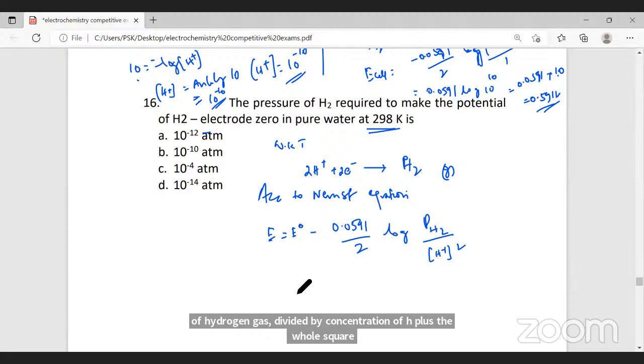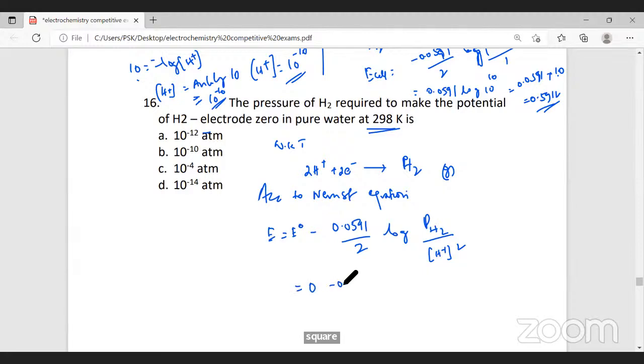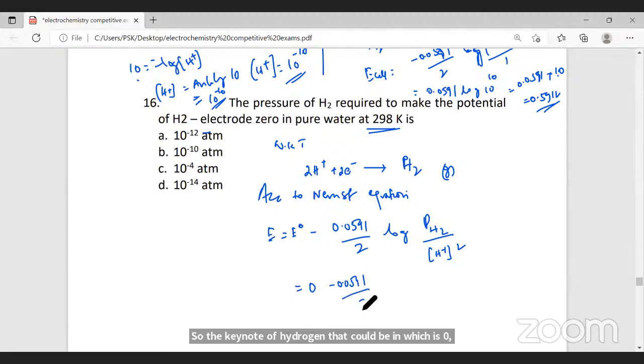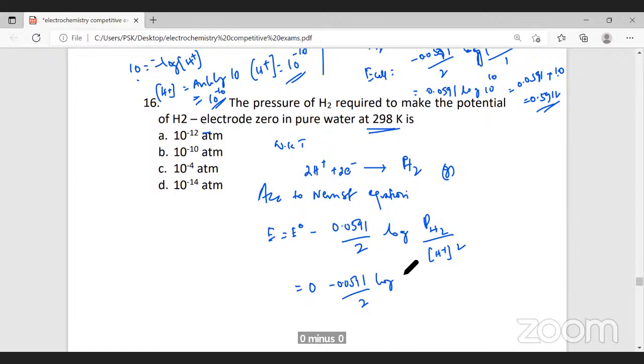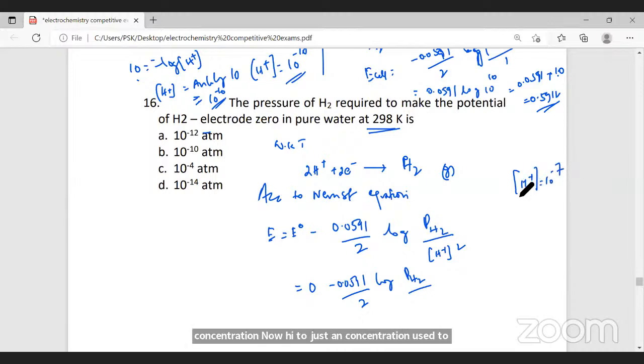The E naught of hydrogen electrode, we know, is 0. Now, for hydrogen ion concentration, you should remember that for pure water it's 10 to the power minus 7 moles.